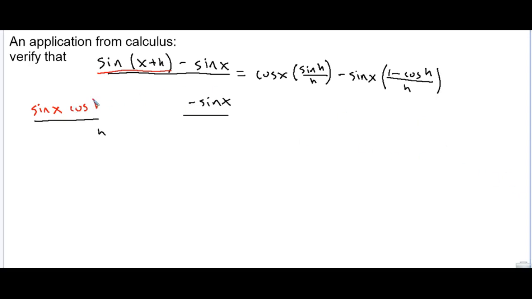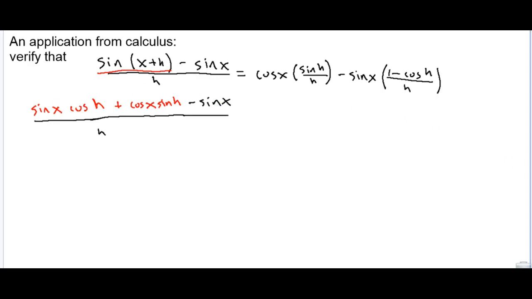So it's sine x cosine h, right? And then it should be plus cosine x sine h. There we go. That's better. Minus sine x all over h. Okay, good. So now, do you see how both of these have a sine x?